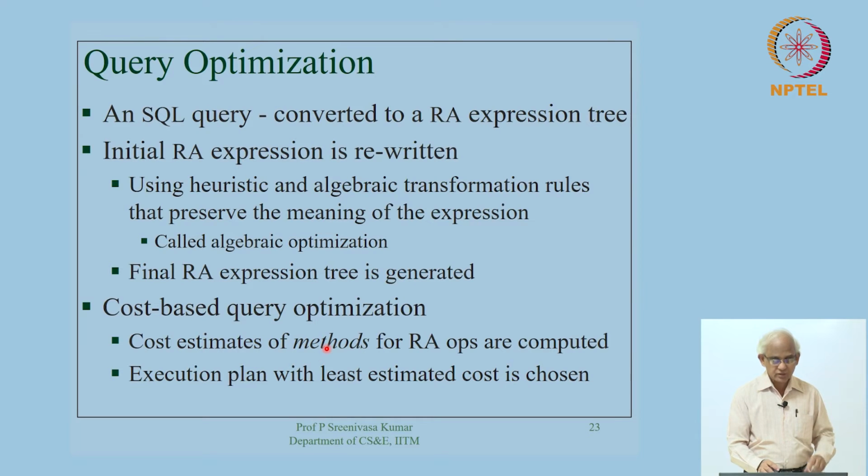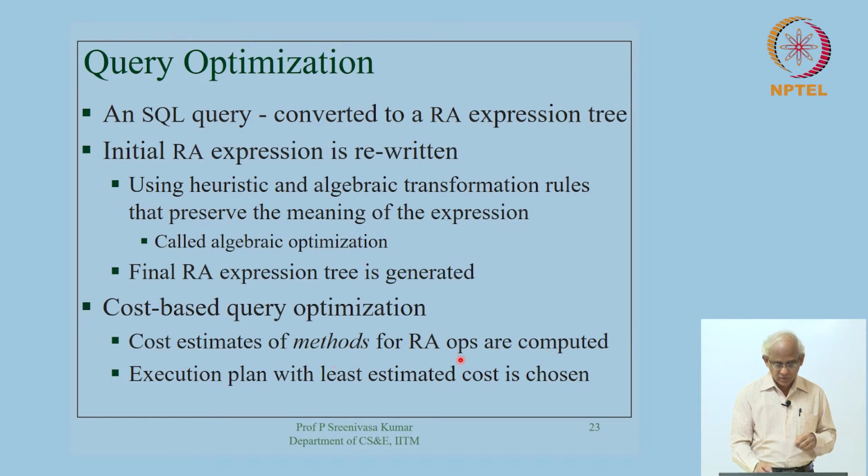Now, for various operators that are there in the relational algebra tree, we have choices of what algorithm to use. If there is a join, what is the appropriate algorithm to use in that particular relational algebra expression? And if there are multiple algorithms that are applicable for that particular operator, then what are the estimates of the costs of those methods?